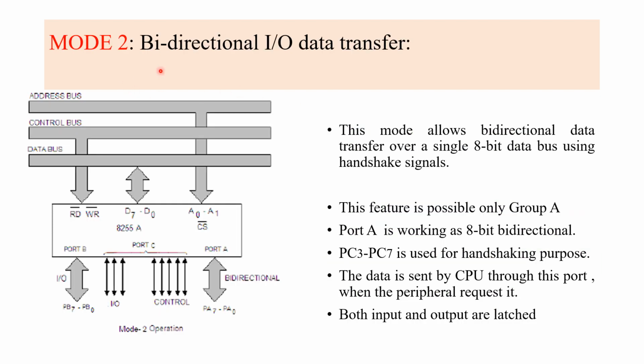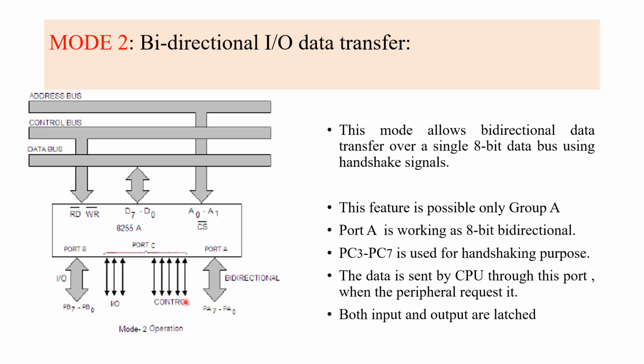Mode 2 is applicable only for group A. It is not applicable for group B. It is bidirectional I/O data transfer. In this mode, port A works as an 8-bit bidirectional port. Handshaking is done using PC3 to PC7. So this is the illustration. This is the 8255 chip. Here we have the microprocessor connections and here the different ports.